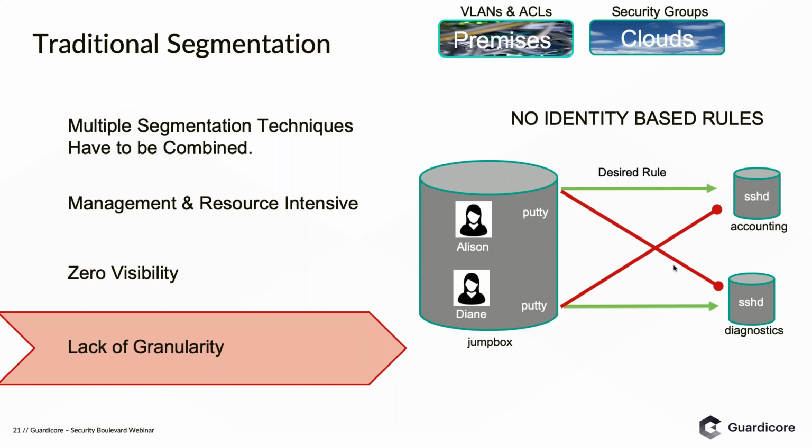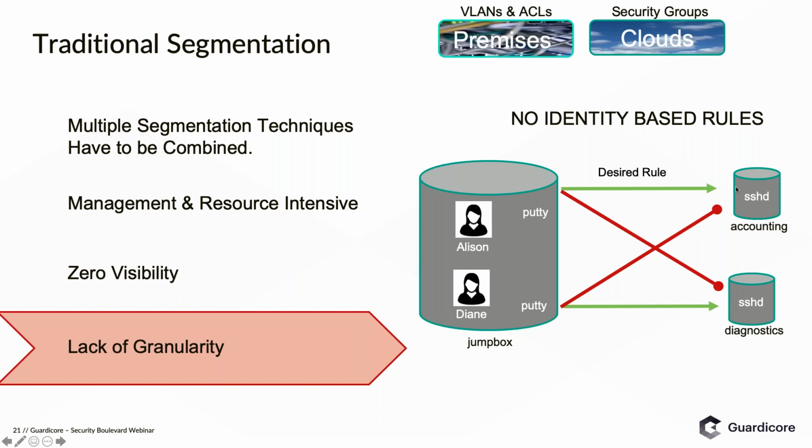Number two is there are no identity-based rules. For example, we talked about the fact that enterprises are looking to contractors to help with resource allocation and also cost. They bring them into the environment. The challenge here, for example, let's say this woman, Allison, is in charge of the accounting application, and you have Diane in charge of the diagnostic application.